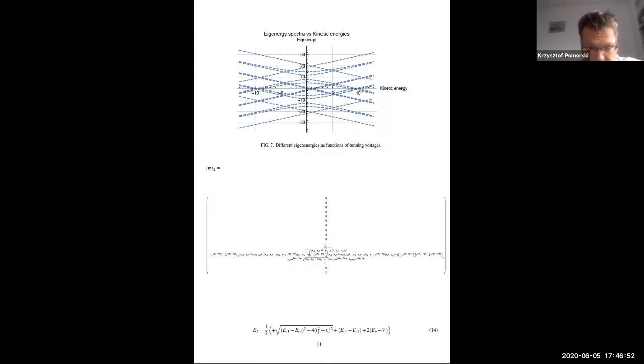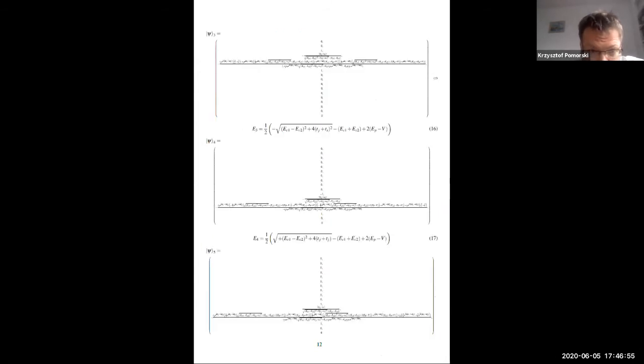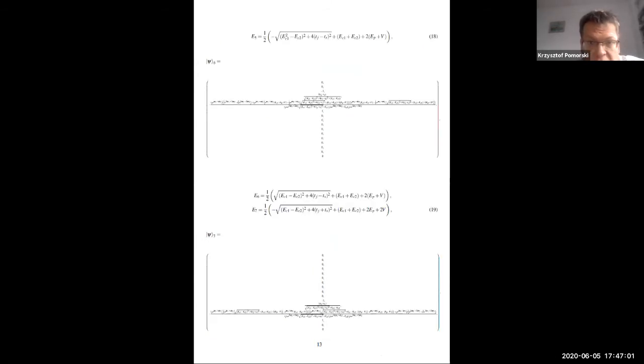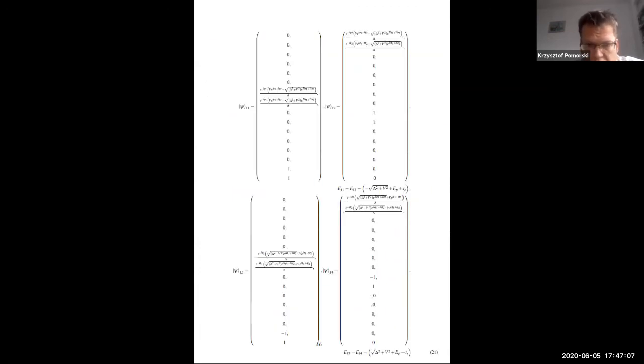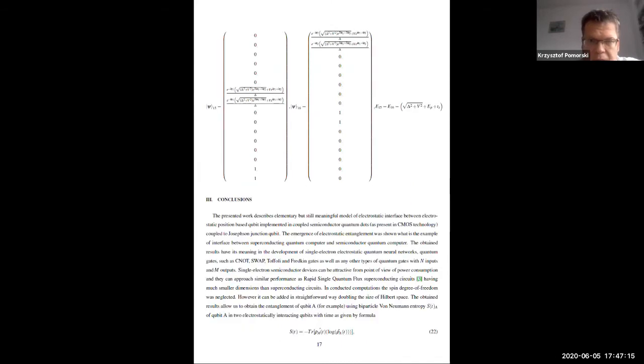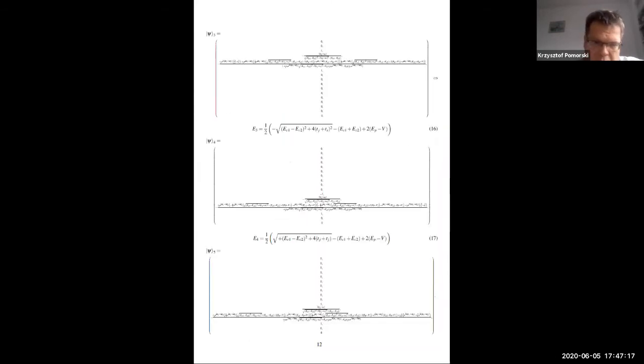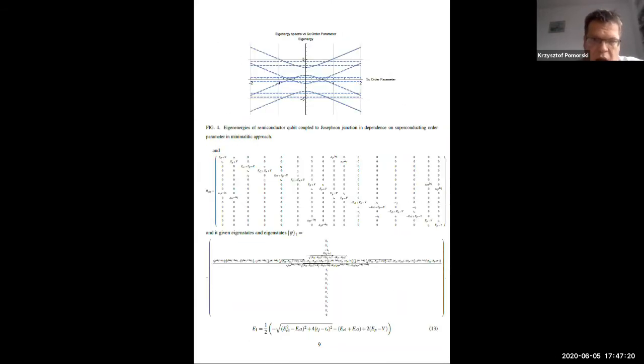Like this state is entangled, then this 3 is entangled, 4 is entangled, 5 is entangled, 6 is entangled, 7 is entangled, 8 is entangled, but the rest of them are not, simply because there is no dependence on this electrostatic Coulomb term. All right, so that's a nice feature. Okay, let me move on.